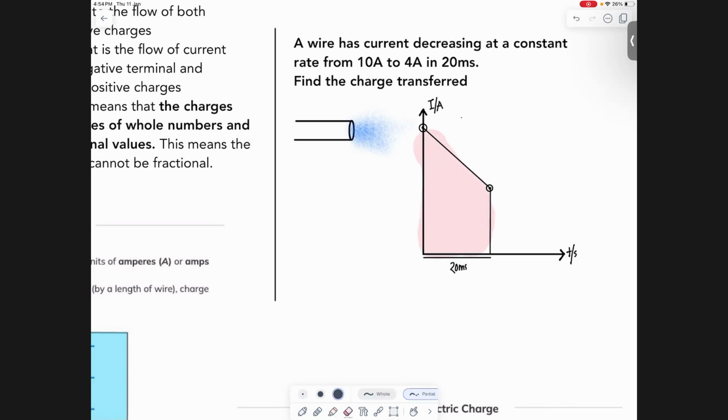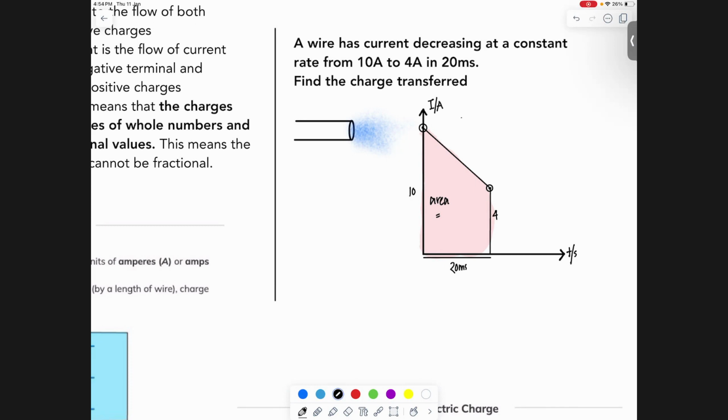So area of this, it's a trapezium. So area will be somewhat parallel sides, right? So that's again that's 4.